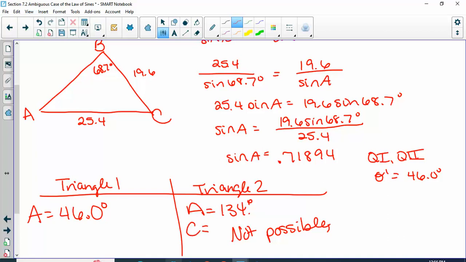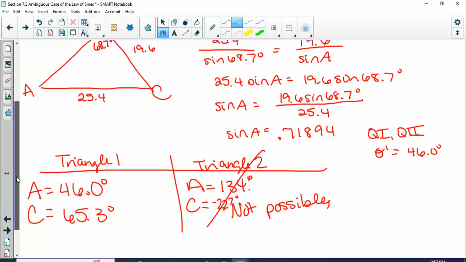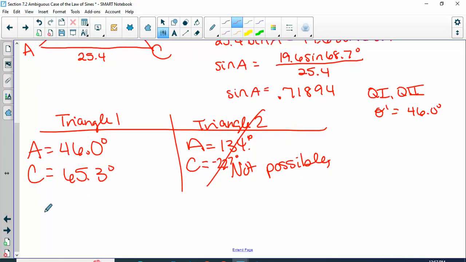If you did 180 minus the 134 minus the 68.7, you get a negative 22.7 degrees. Is that possible? No. So this time we only have one triangle that exists. So angle C, 180 minus 68.7 minus 46 gives us 65.3 degrees. And then I need side C. How am I going to get it? Law of sines.